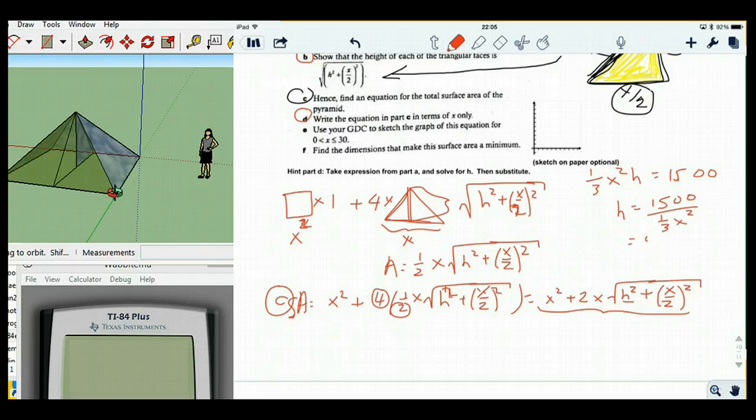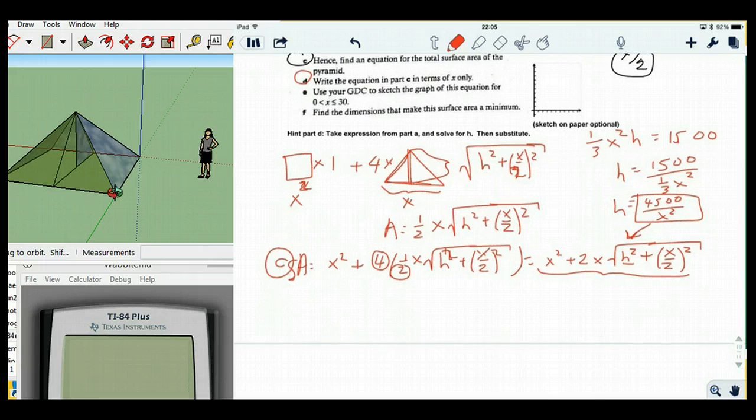And that's equal to 4500 divided by x squared. Okay, so now if we put this in for h, that would give us an expression completely in terms of x. So that would be x squared plus 2x times the square root of (4500 squared over x to the 4th) plus (x squared over 4). Okay? And so now we've gotten D.